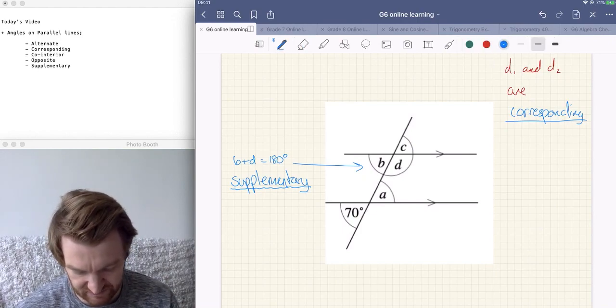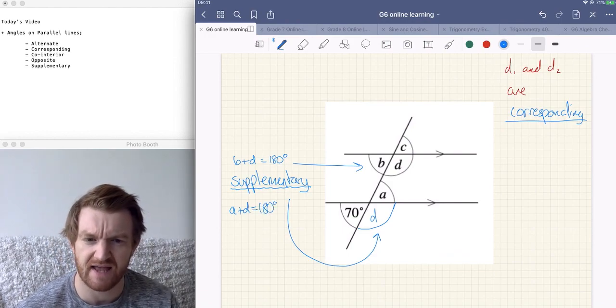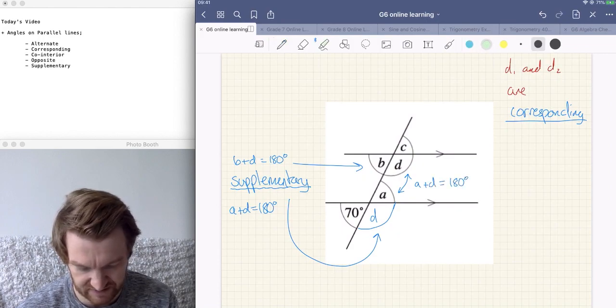Well, we said this one here, again, was the same as D. But we can also see that A and D here must also be supplementary. But if they're supplementary A and D, well, that means that these 2 here must also be 180 degrees. I'll highlight them for you so you can see exactly which ones I'm talking about. This one here and this one here.